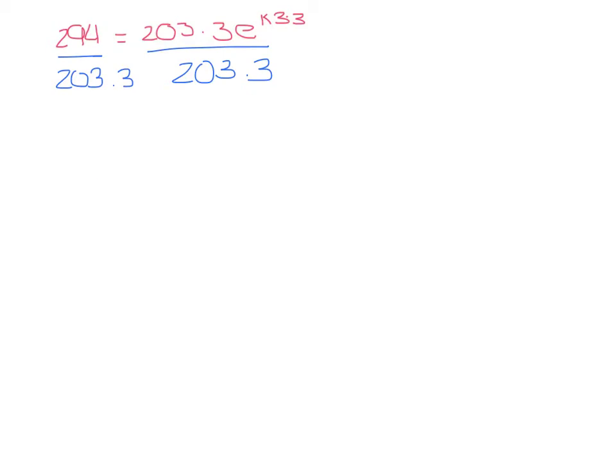And then I'm going to end up with e to the power of k times 33 equals 294 divided by 203.3. What's the inverse of e? Okay, so I'm going to introduce ln on both sides.